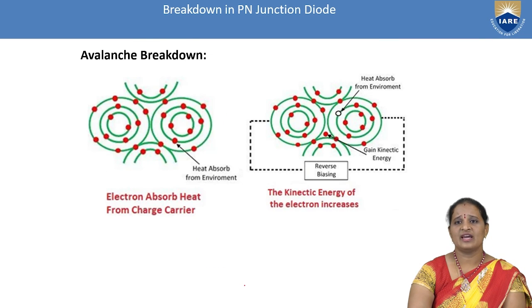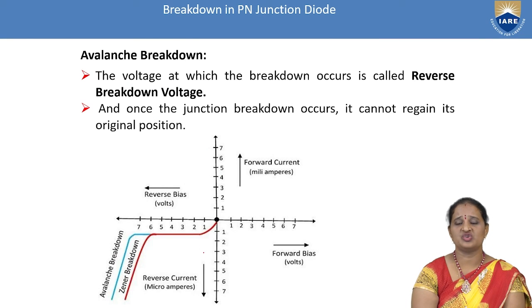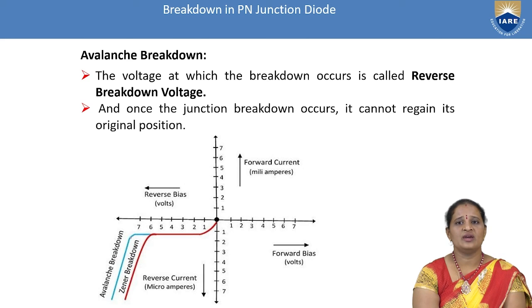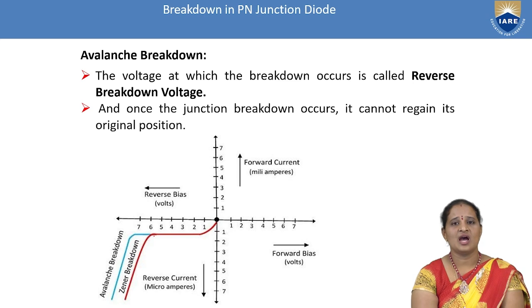So let us observe the characteristic curve which is showing the avalanche breakdown and Zener breakdown. Here, in the case of a lightly doped diode, the breakdown occurs a little later than the Zener breakdown. This is the avalanche breakdown, which is happening at a larger reverse voltage applied, whereas Zener breakdown is happening earlier than the avalanche breakdown.